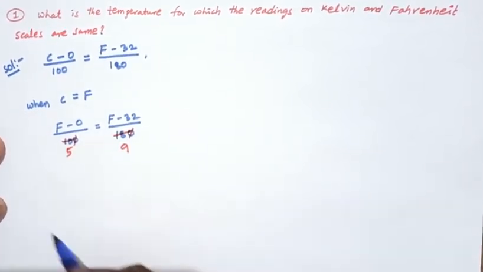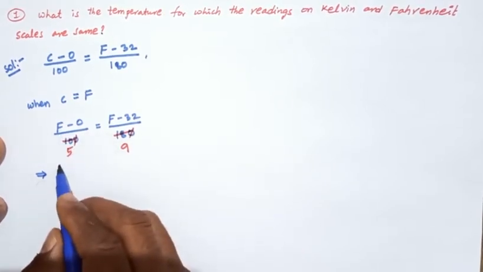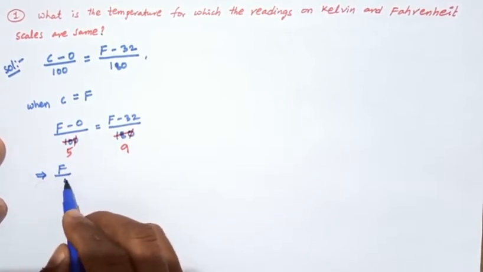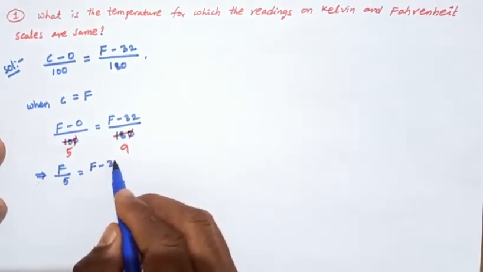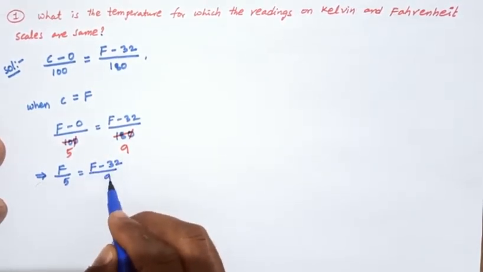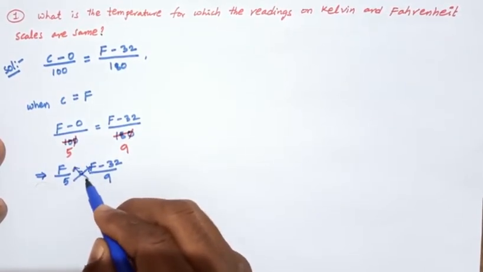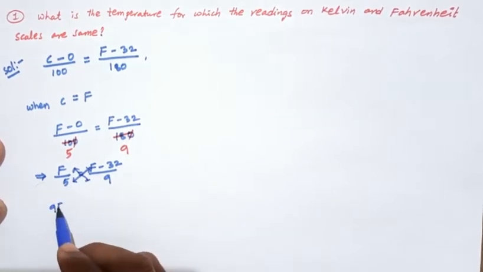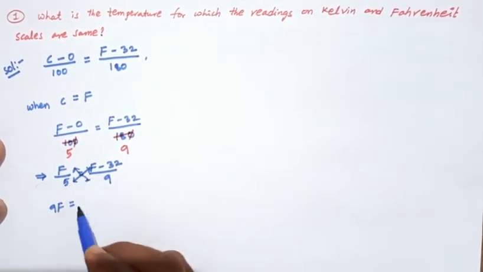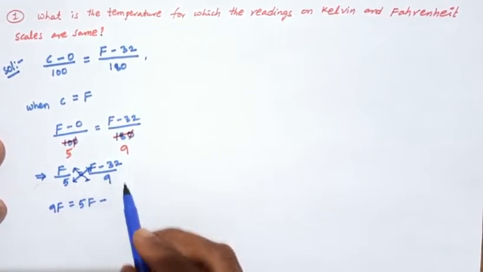So from this equation, F by 5 equals (F minus 32) by 9. On cross multiplication we get 9F equals 5F minus 5 into 32.